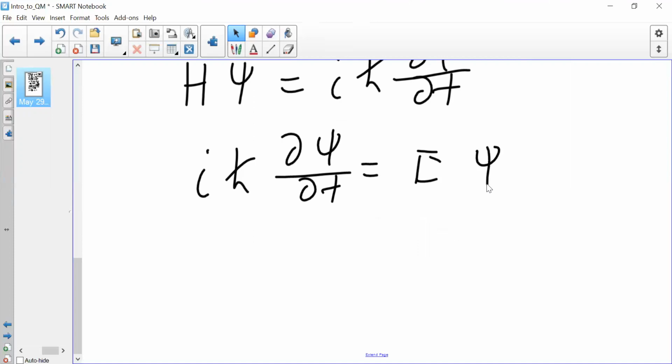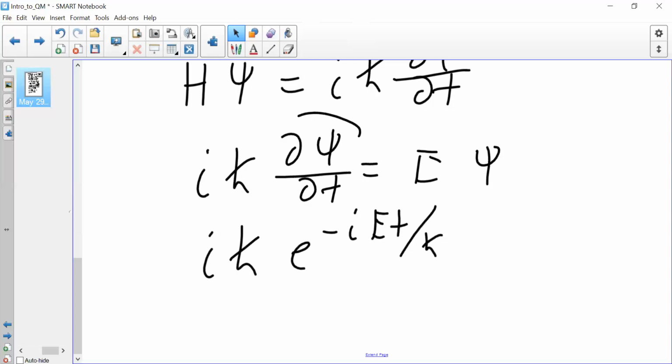All the same stuff. So what we want to do on the left-hand side is make our substitution for psi. So it's iħ e to the negative iEt over ħ.